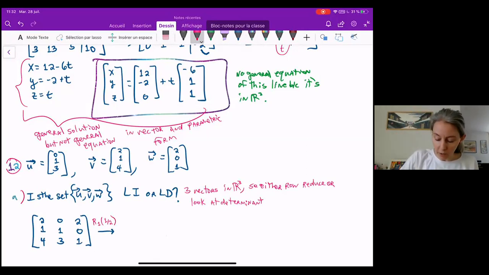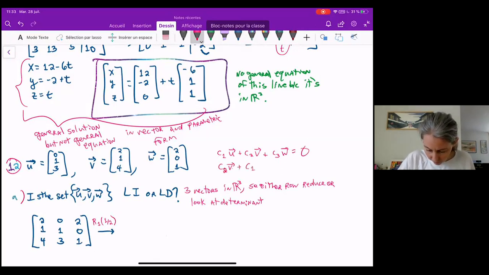So what I'm doing here is I'm saying C1 times U plus C2 times V plus C3 times W is equal to 0. But it doesn't matter if I do this instead. Right, so it's basically just saying, how can I write these as a linear combination of each other? It doesn't matter what order I put them in because I'm finding constants to go in front of them.